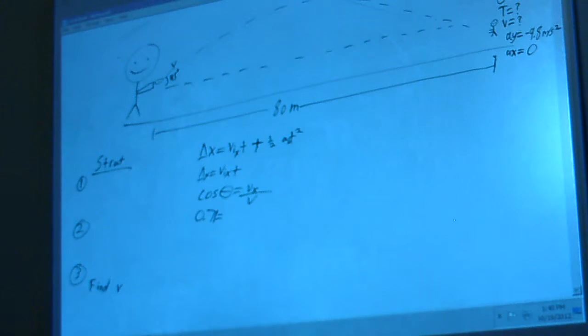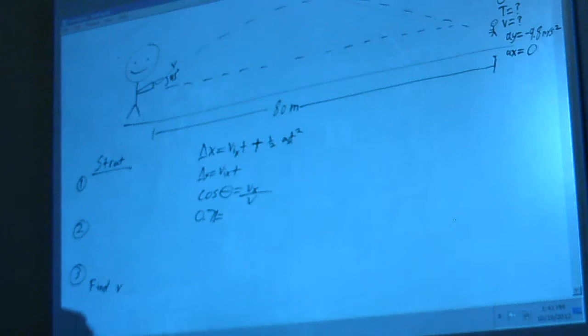What did we do in the last problem? Cosine theta equals Vx over V. And so what did we solve for? Vx, and we got 0.71 times V.